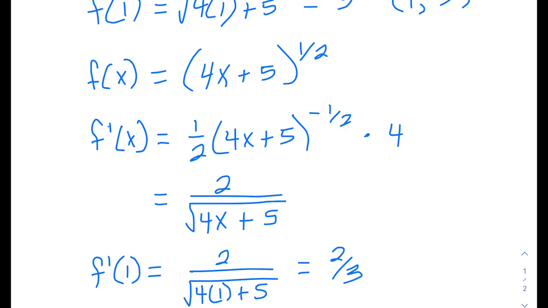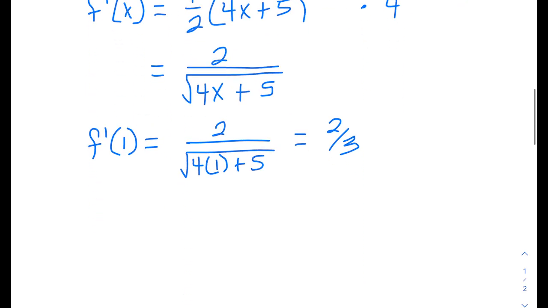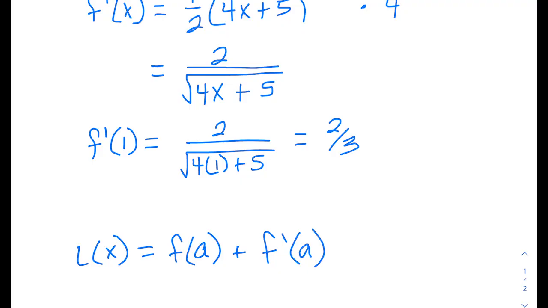to our linearization formula. And our linearization formula, hopefully we remember, but if not, I'll write that in here. That's going to be L of x, and that's equal to your original function, so it'd be f of a plus your derivative times that difference, so f prime of a, and then times your x minus a value.